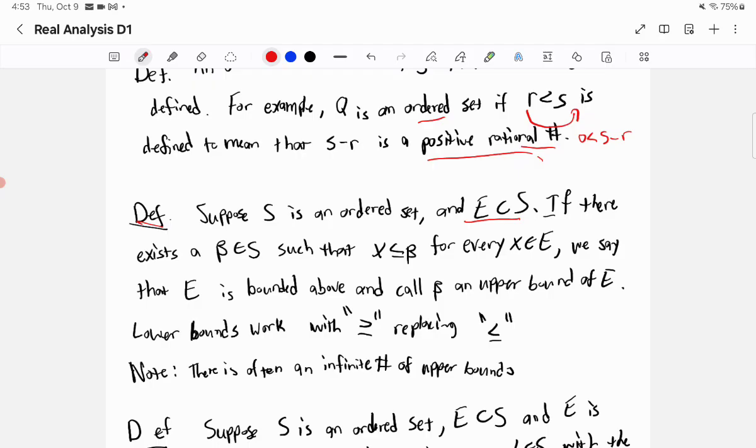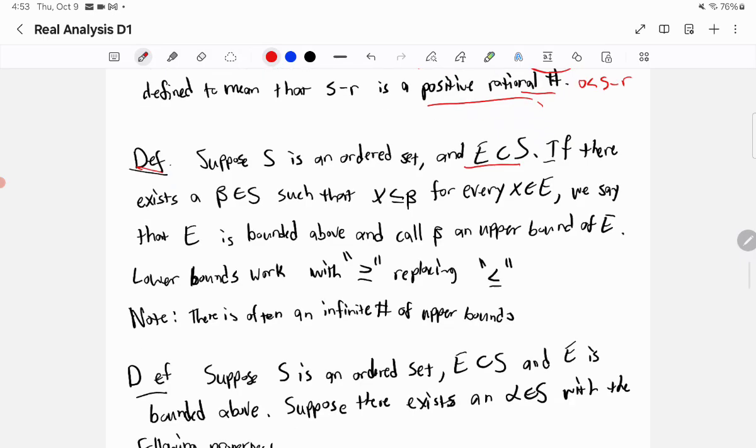If there exists some number beta in S such that it is greater than or equal to all x in E, so now we have the set S. We know that we can pick a number out of that set S that is bigger than or equal to every other number in E. Then we say that E is bounded above.